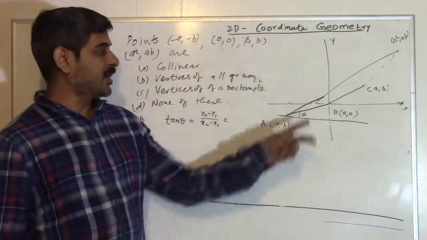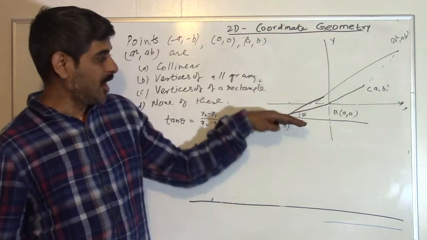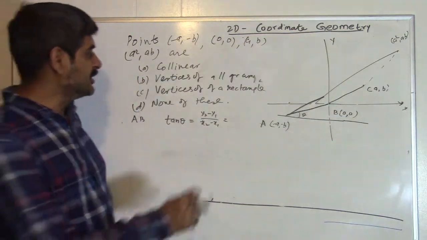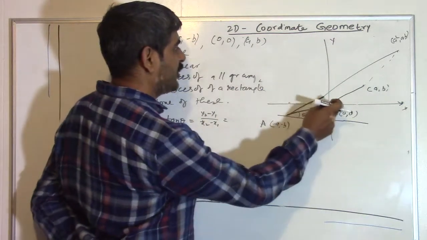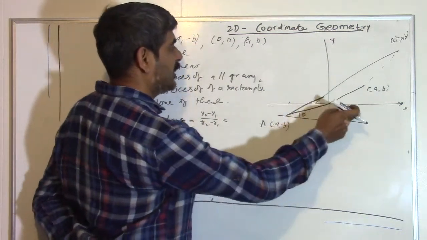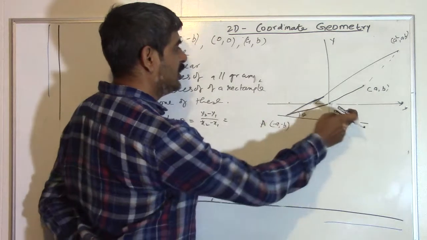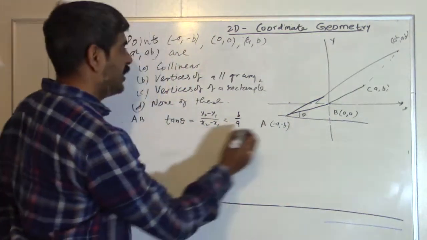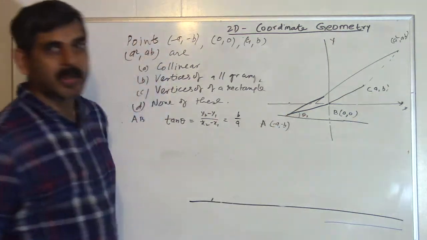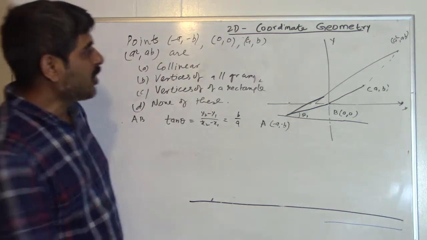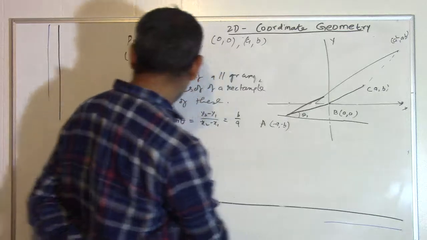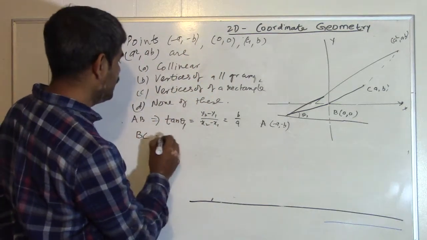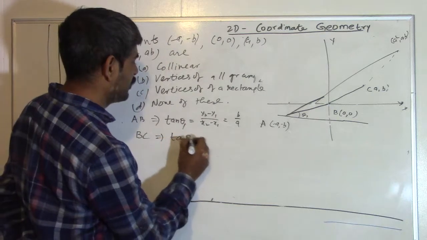We are trying to find how much angle line AB makes with the x-axis. If that is theta, then y2 minus y1 divided by x2 minus x1: 0 minus b is minus b, 0 minus a is minus a, so this is b by a. Let us call it tan theta 1. That is this angle. Now let's go to this section BC. For AB we call it tan theta 1, and for BC, let's call it tan theta 2.